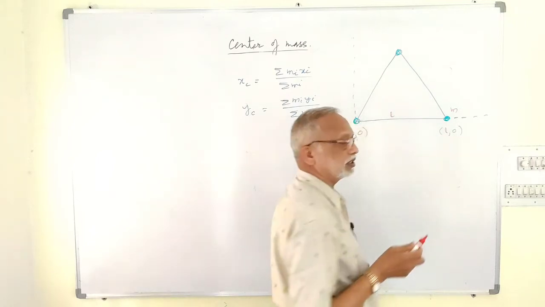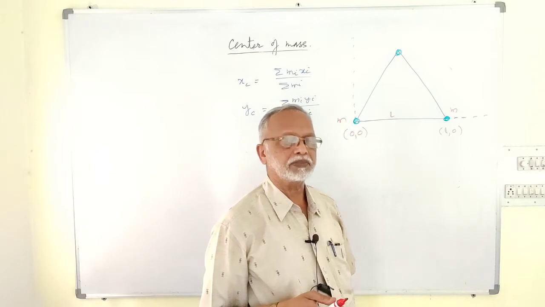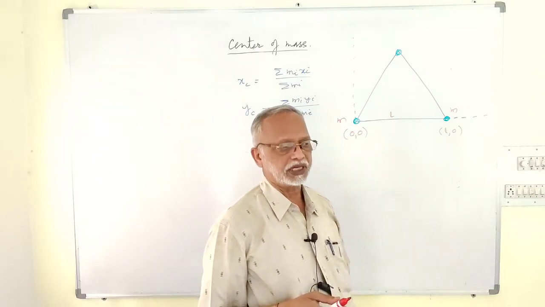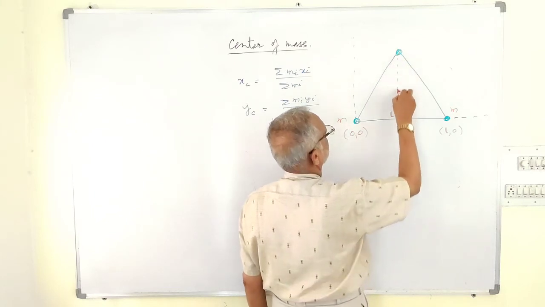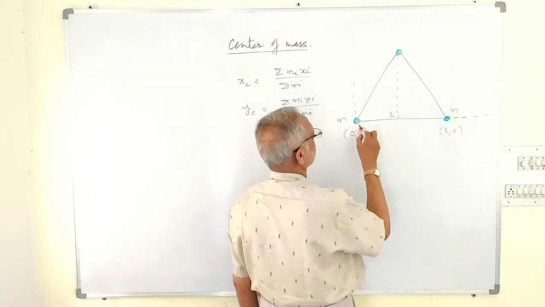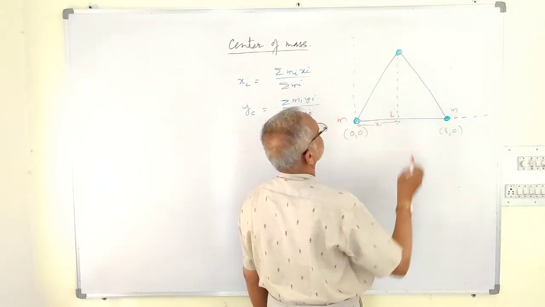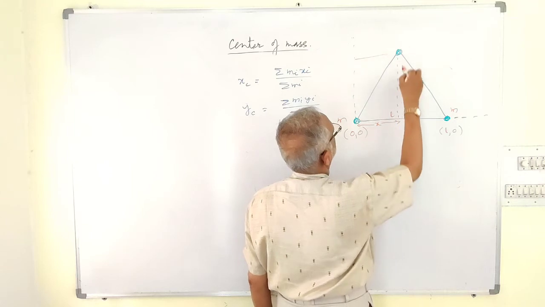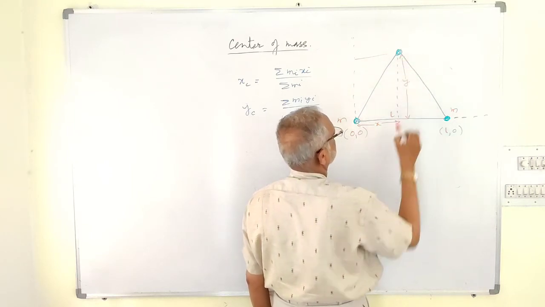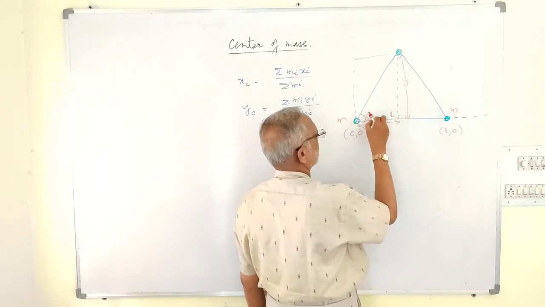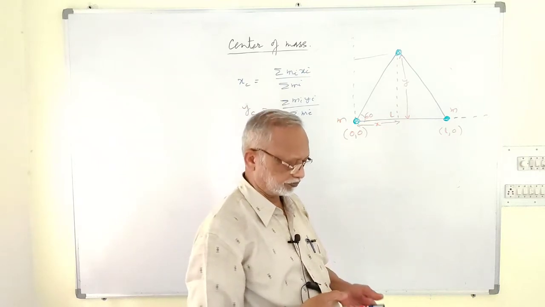Third body, it is not present on any axis. It is present in the plane, so it will have both x coordinate and y coordinate. To find the x coordinate and y coordinate, let us draw perpendiculars. This will give you the x coordinate of this body, and this will give you the y coordinate of this body. Since it is an equilateral triangle, this angle is 60 degrees.